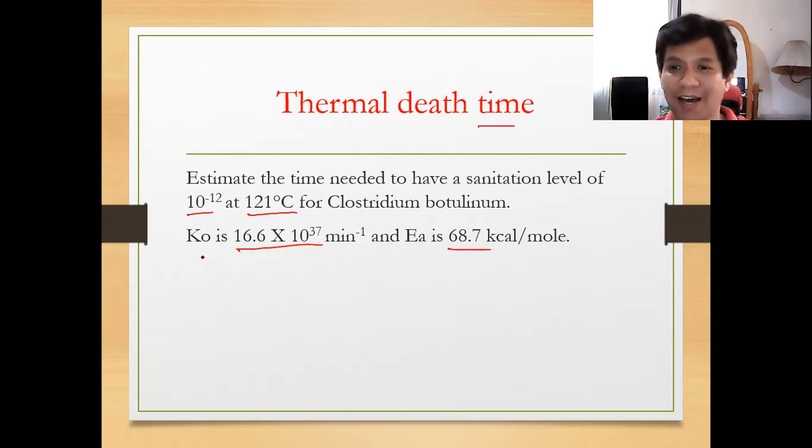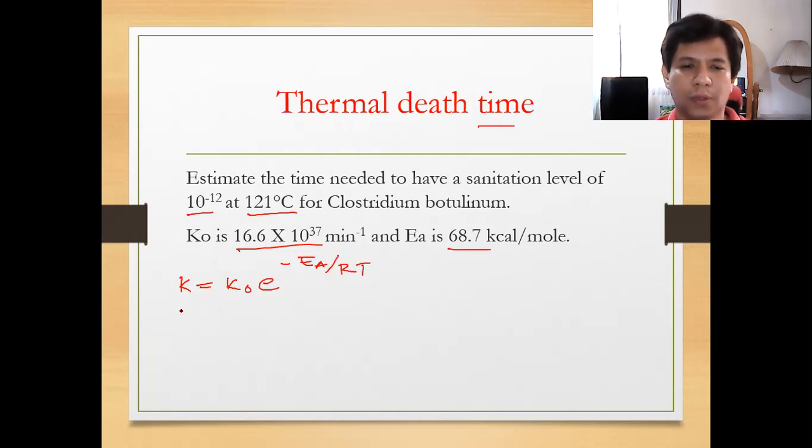So this time, magsisimula naman tayo dun sa Arrhenius equation natin. Ano? So ang Arrhenius equation natin ay K is equals to K sub O. Calculate muna natin yung K using the Arrhenius equation. E to the negative E sub A over RT. So, let's substitute the values. K sub O, 16.6 times 10 to the 37 per minute.